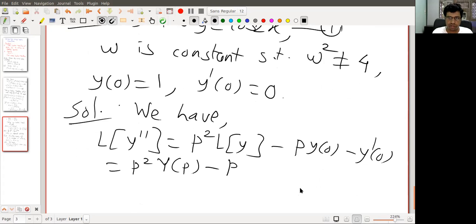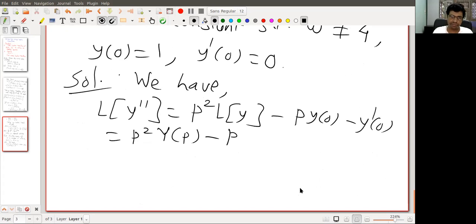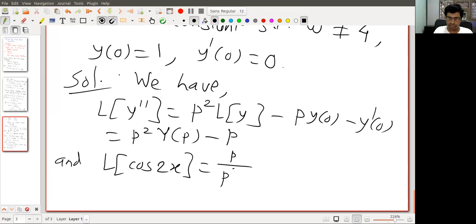Okay, now the Laplace transform of cos 2x. We know the Laplace transform of cos ax is p divided by p square plus a square. So this is p divided by p square plus 2 square, that is 4.